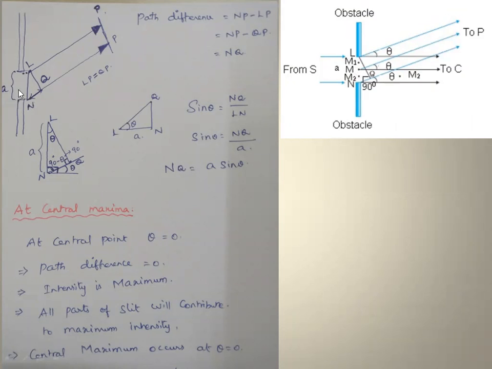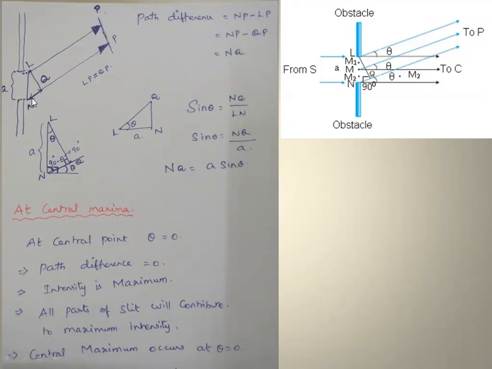The same thing I have drawn here. Can you see it here? This is a slit. This is LP and this is NP. What is the difference between these two rays, LP and NP? What is the path difference? This is where the path starts, where it ends, and here it starts and here it ends. What is the difference between these two?